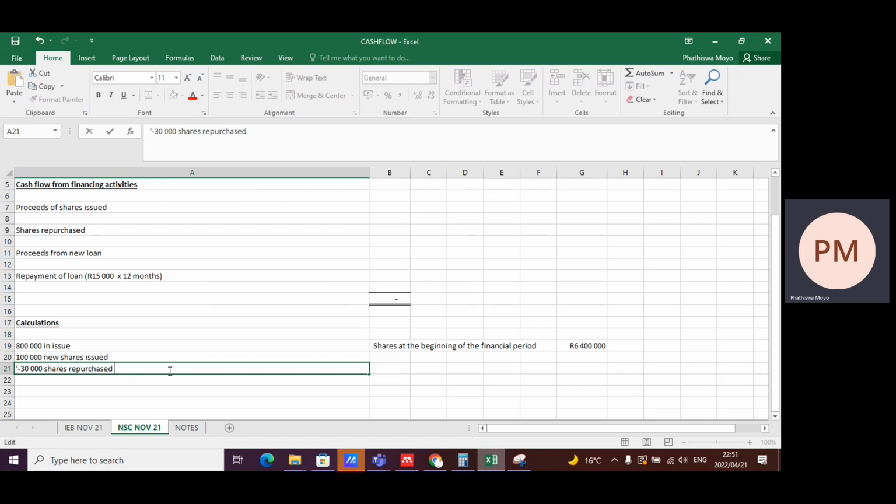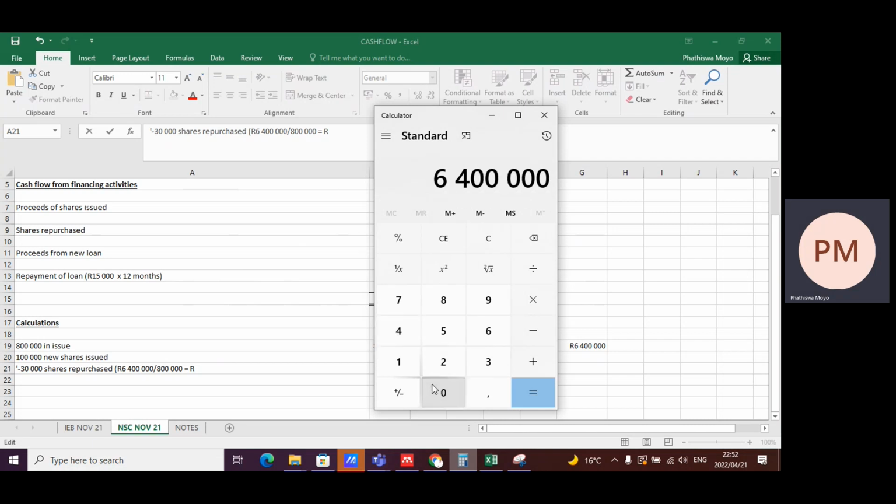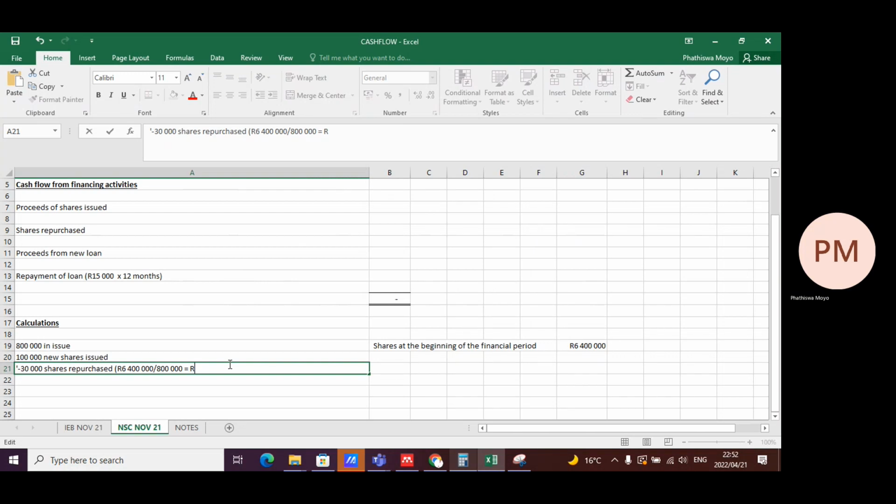So now we need to calculate the average price, which is 6.4 divided by 800,000, which is 8 rand.